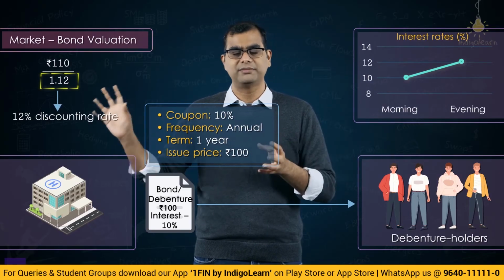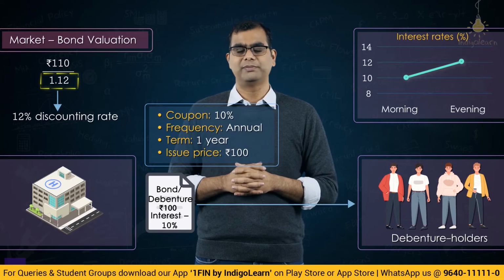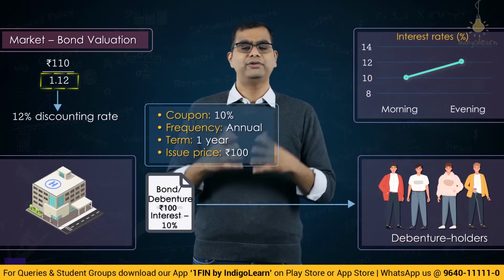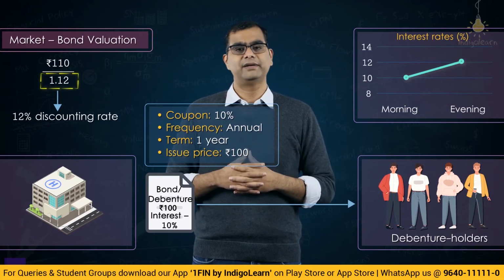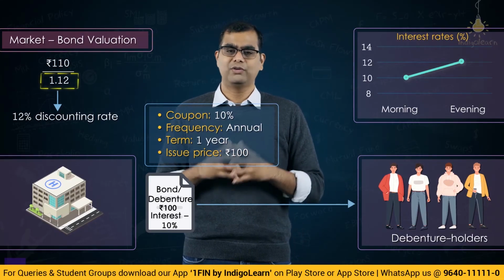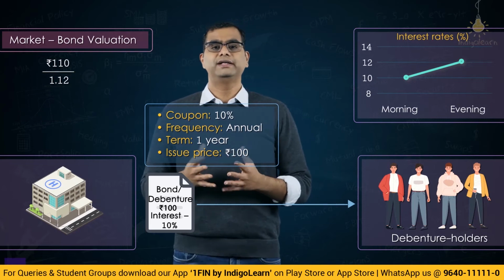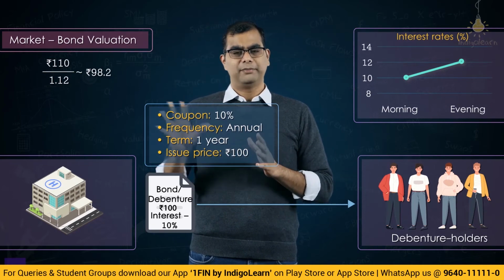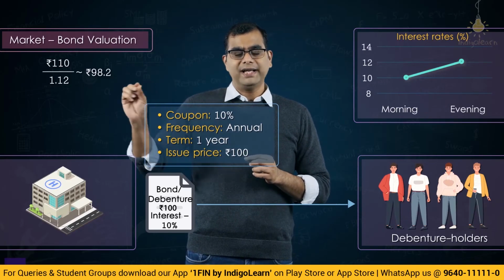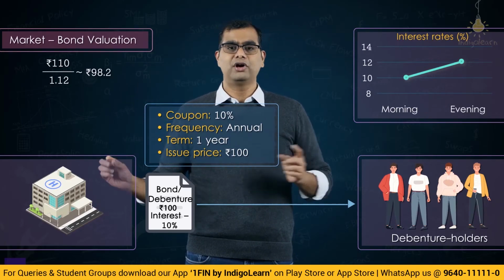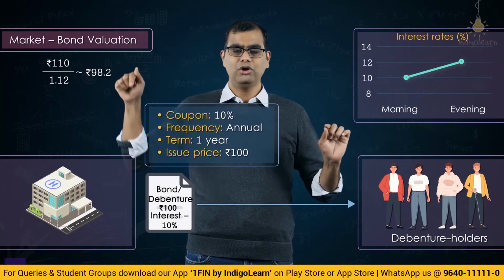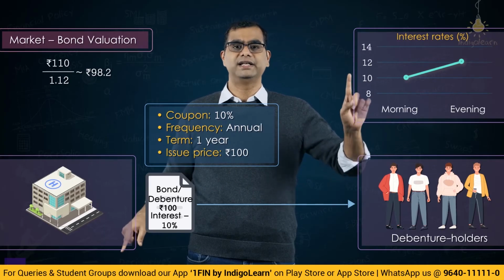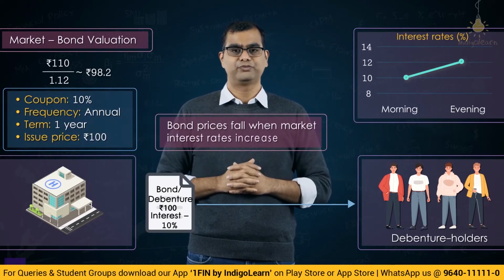The market interest rate for similar kind of bonds is 12%, or similar kind of borrowing by this company or similar kind of lending by these lenders will be 12%. So we do it as 110 by 1.12. What is the price of the bond now? If you do 110 by 112, you will get probably 98.2 or something like that, approximately. So the price of the bond has fallen because of a rise in interest rates. So bond prices fall when market interest rates increase. This is the first statement you should remember.